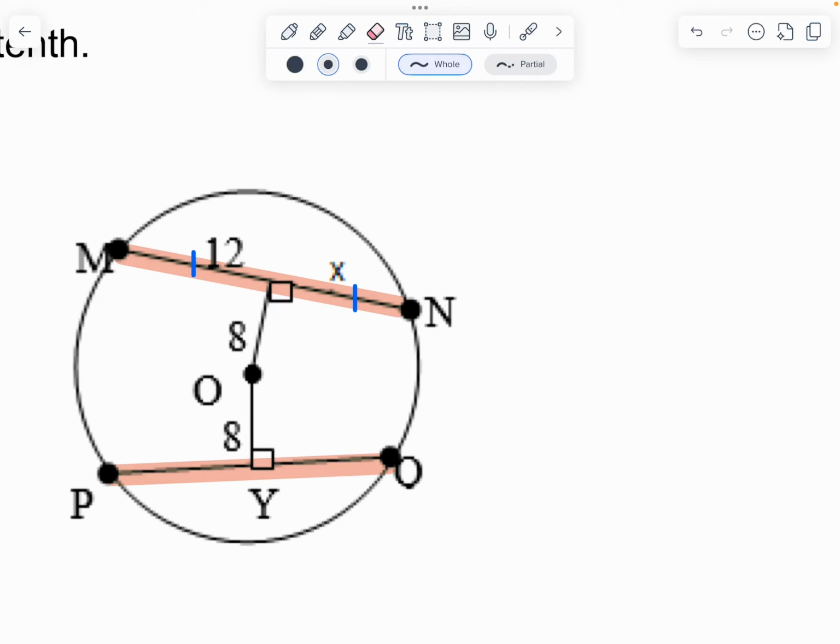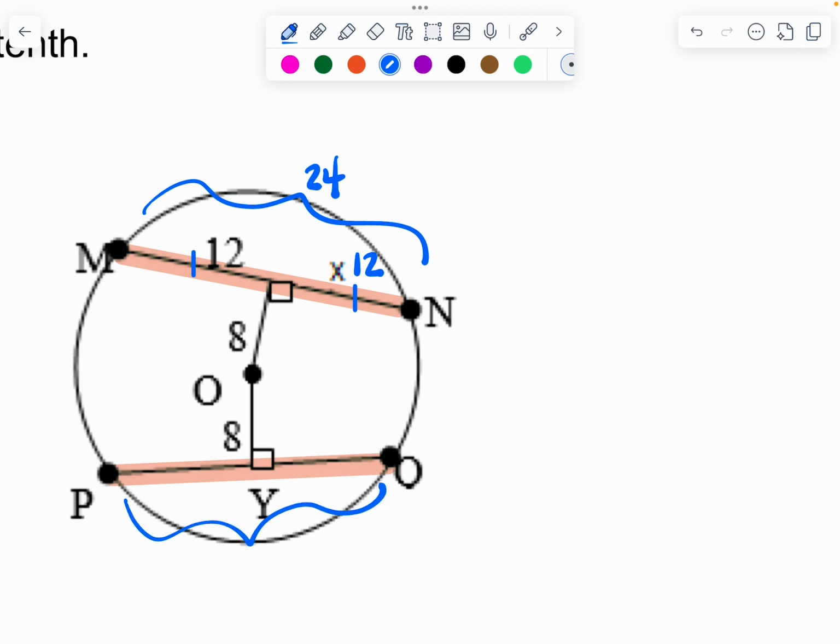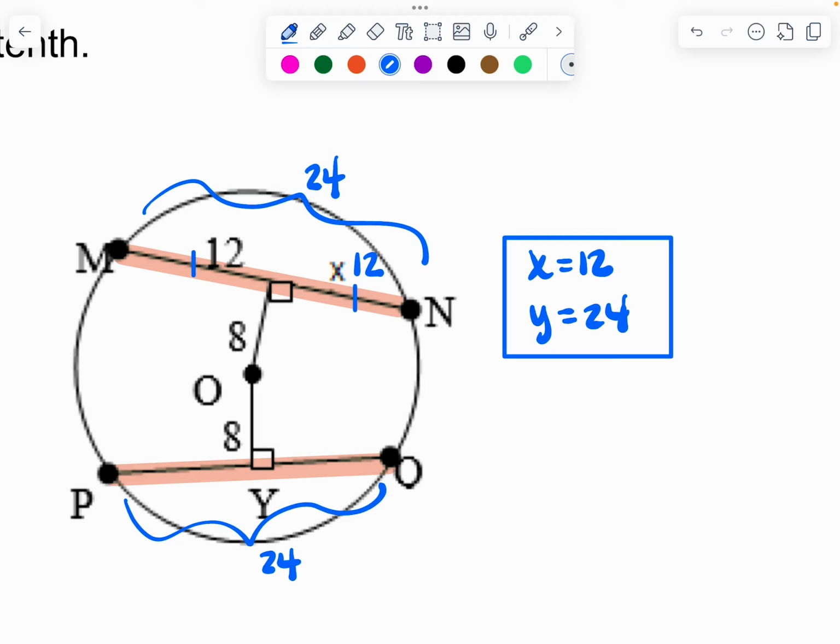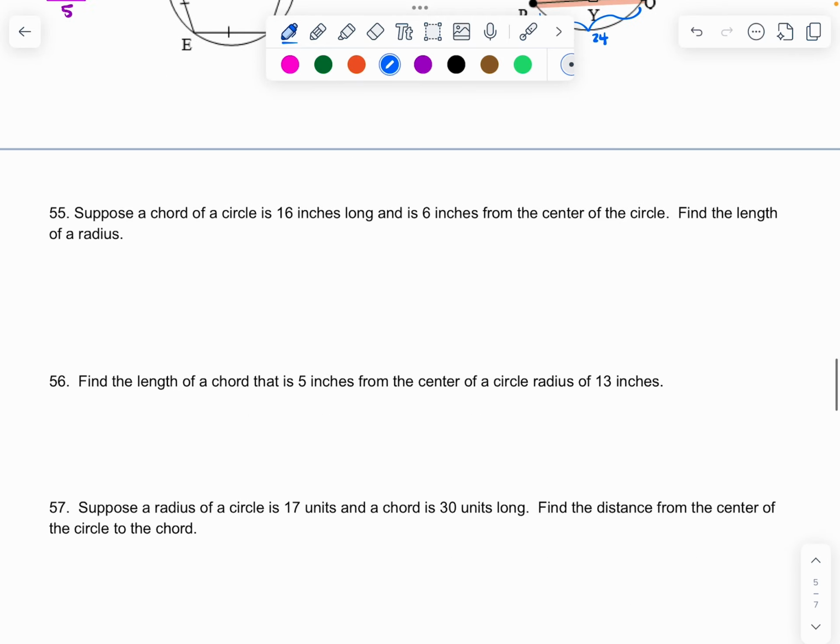So that means this half is also 12, which means this whole chord is 24. And since this chord is equidistant from the center, it's also going to be 24. So x equals 12, y equals 24.